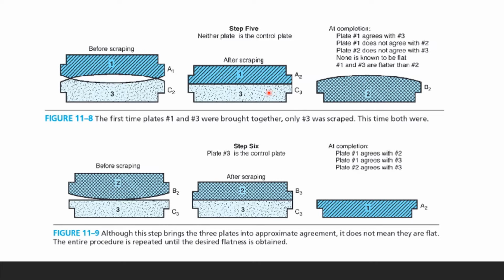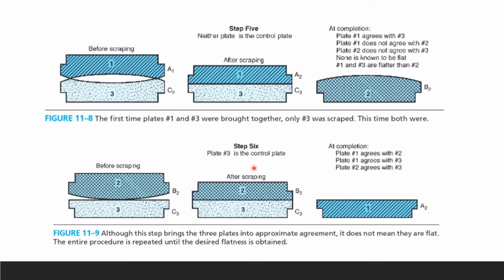So only number 3 was scraped right here. So this time, both of them, so 1 is scraping with 3 and 2 is right here. So by step 5, 1 and 3 are flatter because the surface is in better agreement than 2. 2 comes from your step 4 and it still has a little bit of curvature right there.